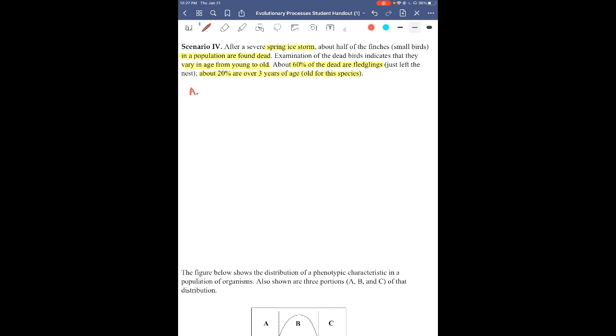I would argue that there is not a selection in this scenario because the vast majority of the dead birds are young and very old, and individuals in these age categories are less able to survive based on their experience. So these characteristics are not necessarily genetic differences from the population that survived.